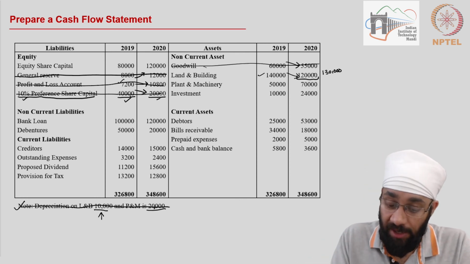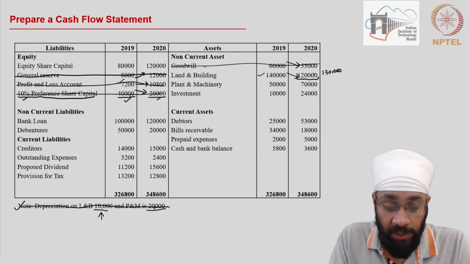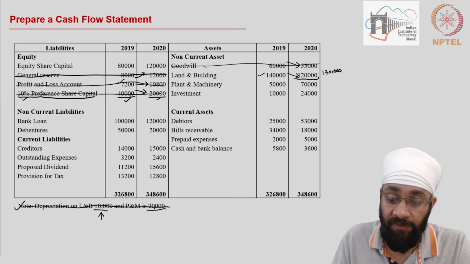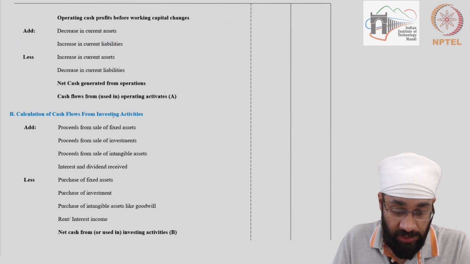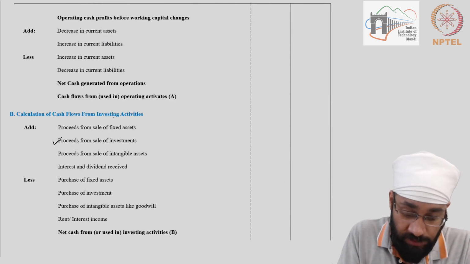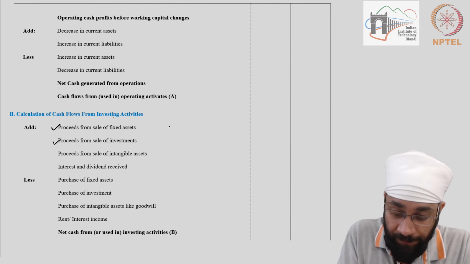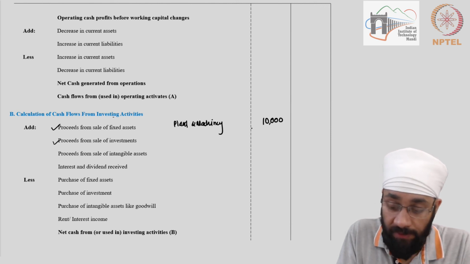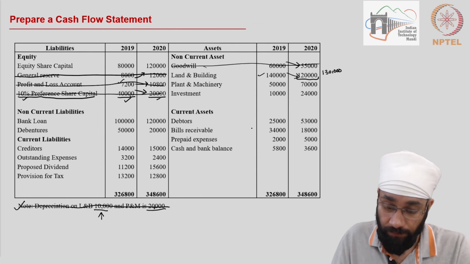So there is a sale of land and building 10,000 and we are going to show that in the investing activities because this is sale of fixed asset. So proceed from sale of fixed assets here. This is 10,000 and this is an inflow. Done.